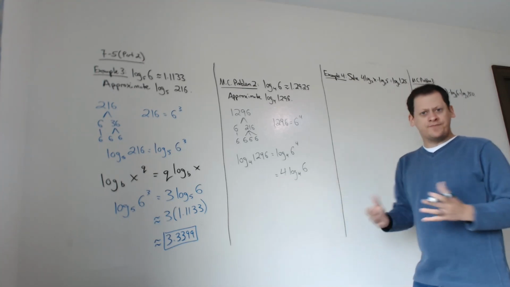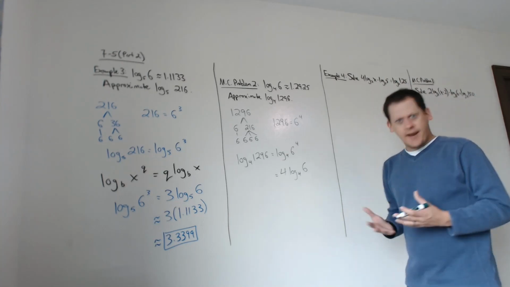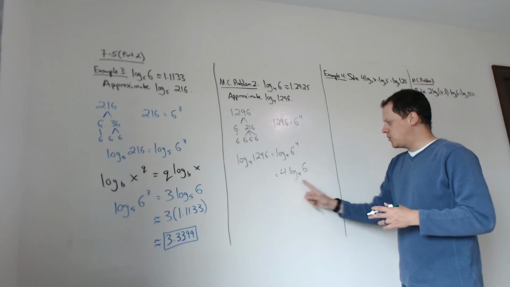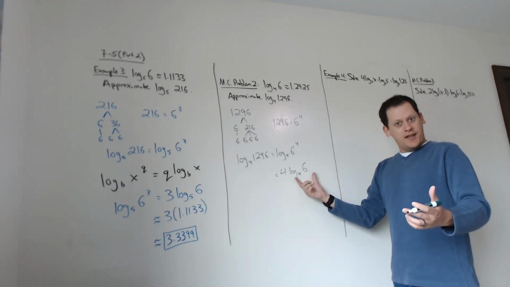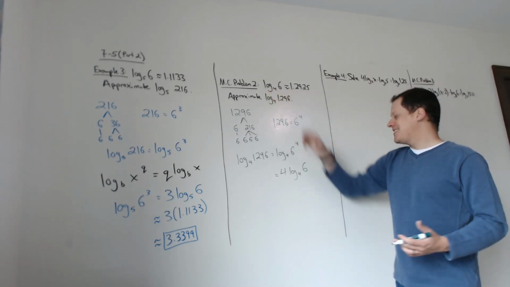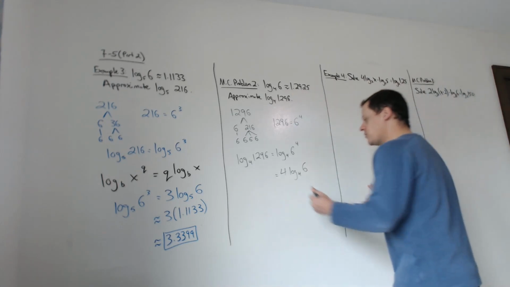From here, well, again, we want to know this as a numeric answer. So there's got to be some way we can turn this into a number. Isn't this the information that we were given at the beginning? Log base 4 of 6. Yes. So we're going to take log base 4 of 6 and turn it into 1.2925.